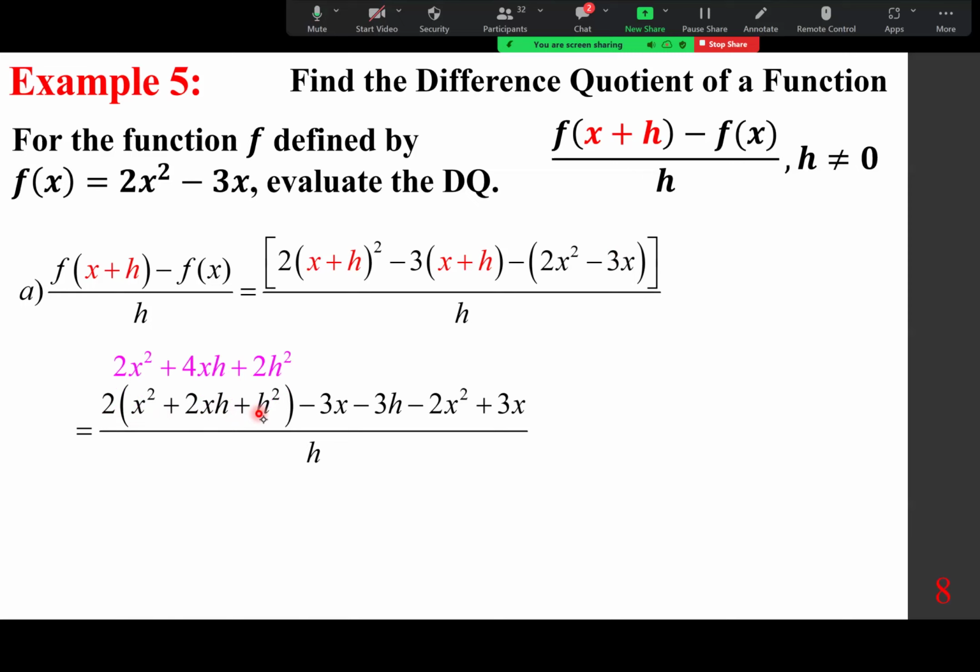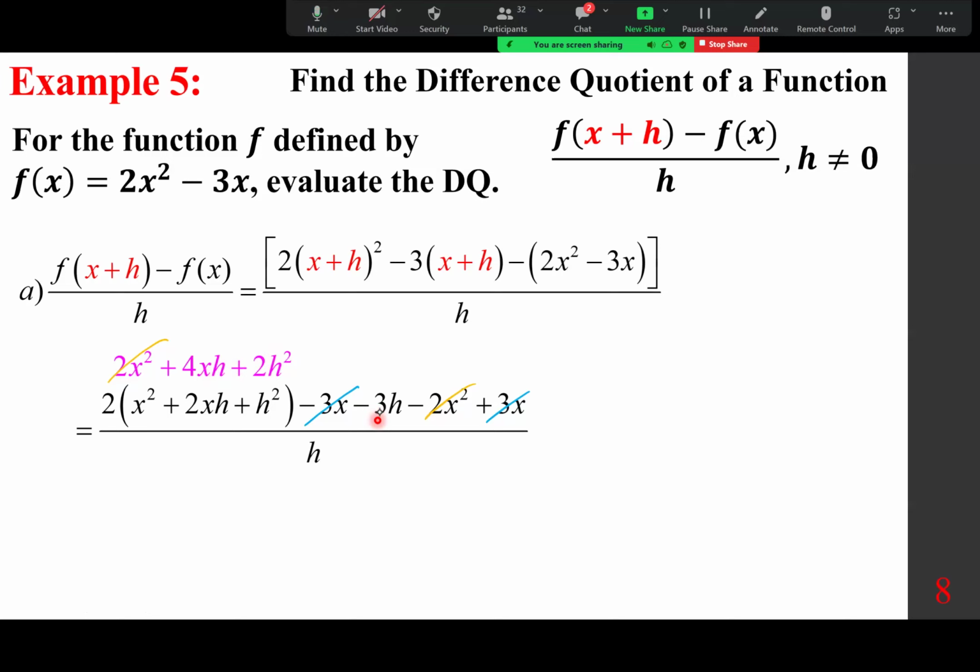And now we are going to simplify the numerator as follows. 2x squared and negative 2x squared cancel each other. Negative 3x, positive 3x cancel each other. We are left with 4xh, 2h squared, minus 3h and nothing else in the numerator, all of which have h in common.